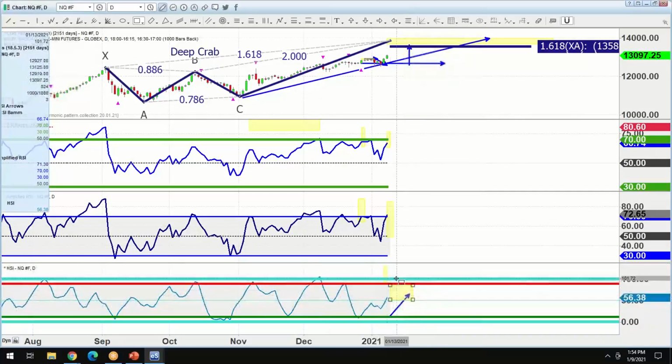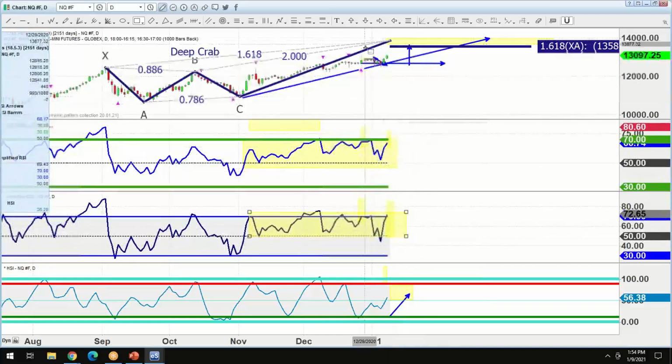We see that acceleration. The other aspect of this move, I've highlighted this before in the sessions, is look how long we've held above the 50 line. That's all trend continuation. And that's the CD leg of this pattern. These are all signs of the fact that this CD leg will complete.